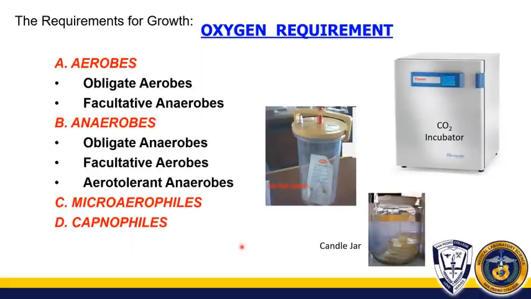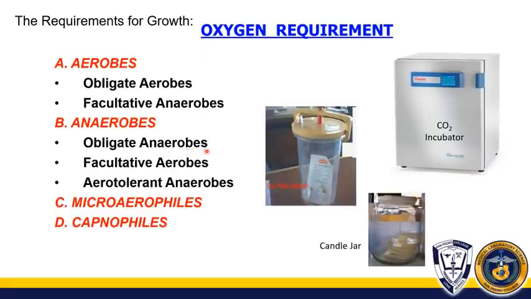Bacteria that require oxygen for growth are called obligate aerobes. They use oxygen as a final electron acceptor in aerobic respiration. Those that do not need or use oxygen as a nutrient are called obligate anaerobes.